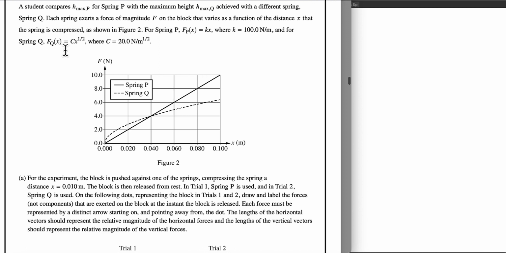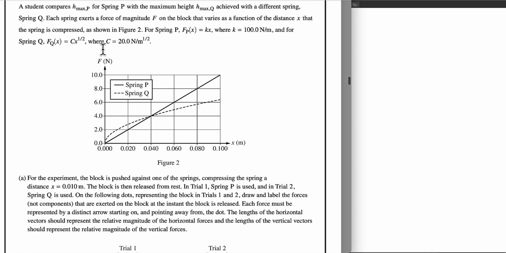That's what we call a nonlinear spring. So the relation here is not the linear relation we saw earlier. It could happen that in the future they might test you on another kind of nonlinear relation, such as maybe 3/2, or x squared, etc.